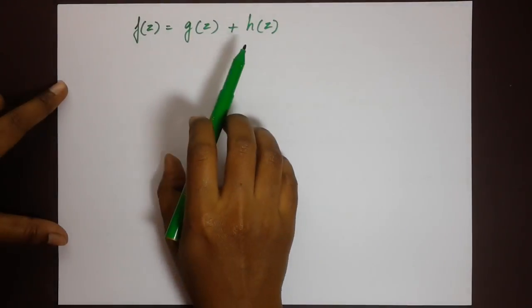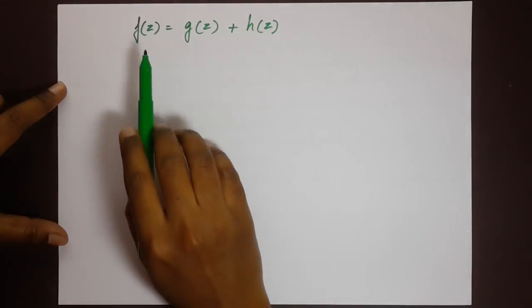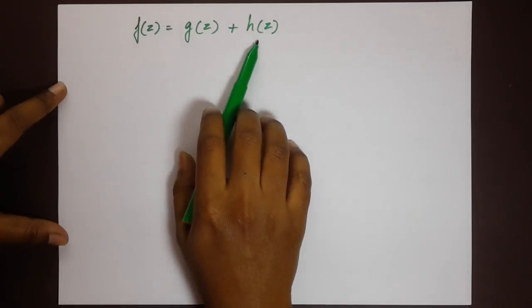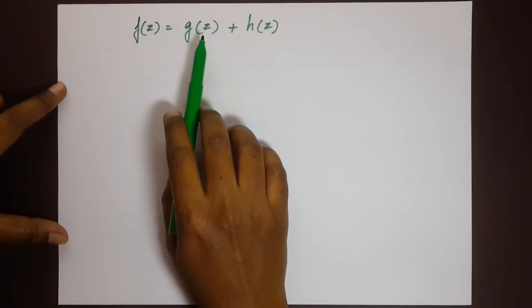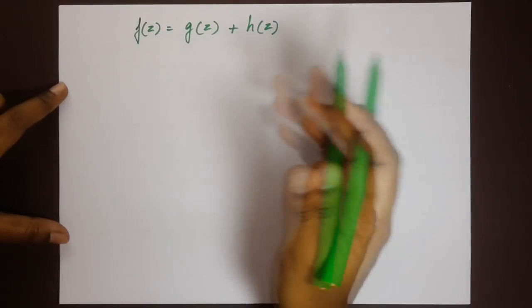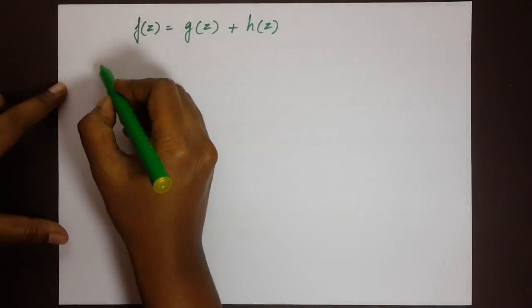Now each one of these three are functions. Now if f(z) is differentiable, the option says that g(z) and h(z) are also differentiable, but it's not true. There can be instances where g(z) and h(z), two different individual functions, need not be differentiable at the same point. So we'll take an example.